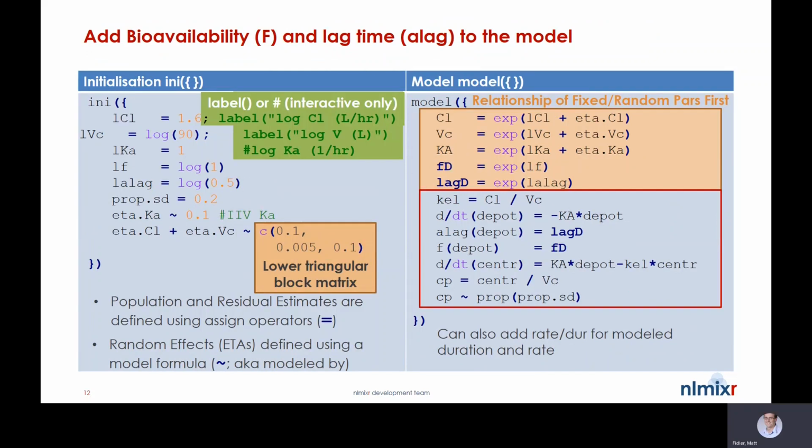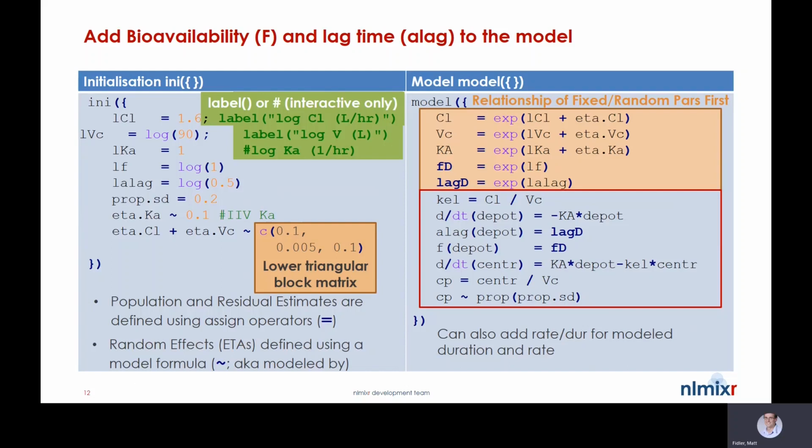You can also add additional pieces to a model. For example, you can add bioavailability and lag time. They're done as compartment properties. So if we have a depot compartment, we would put F of depot, which means we're applying a bioavailability to all doses inside the depot compartment.